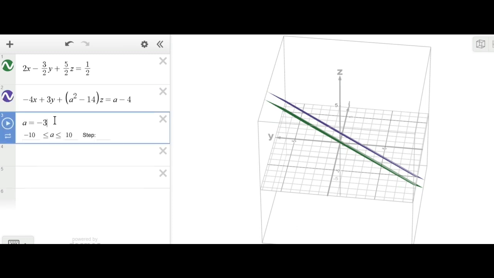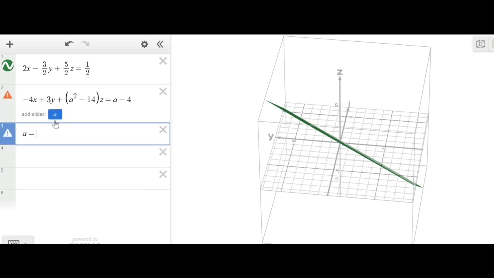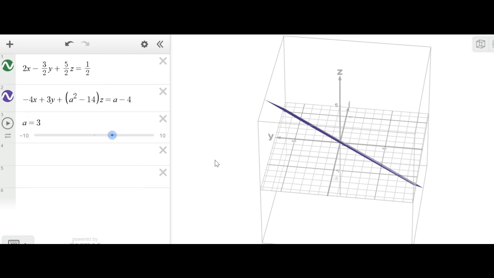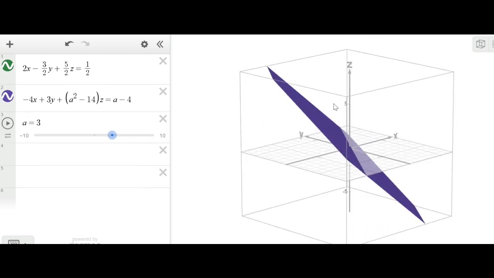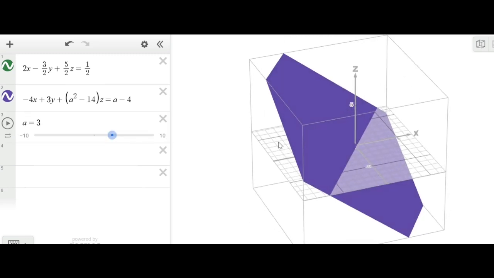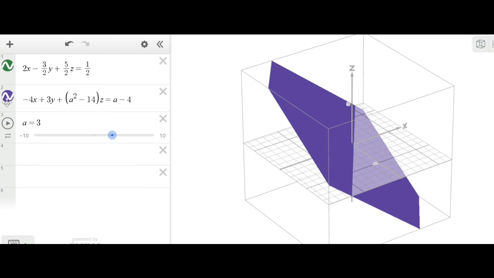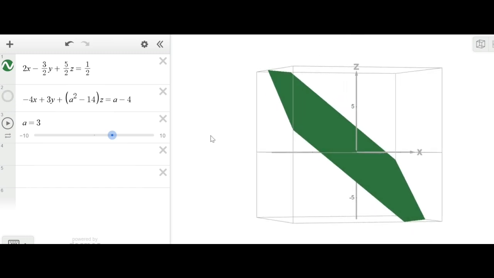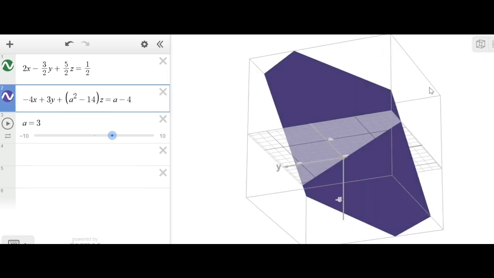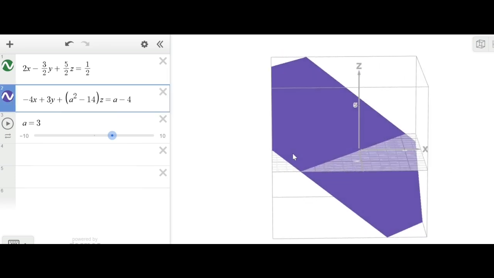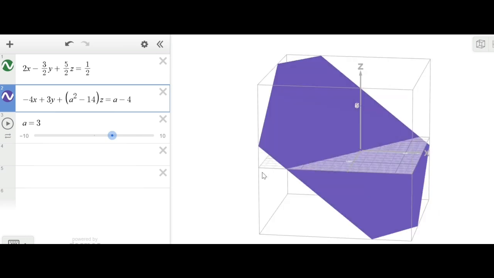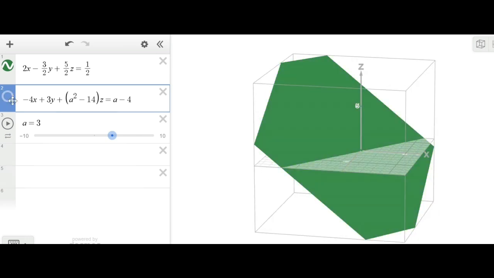What about identical planes? Just now we said that when a equals 3, they're identical. Let's see. Yep, they're identical. See how the two planes overlap each other? Let me turn off this purple. So this is the green plane, the first equation, and the second plane. Can you see how they are overlapping each other? That's what we mean by identical, overlapping each other, right?